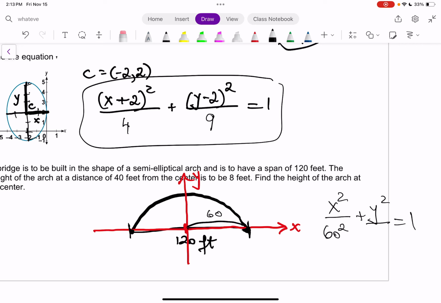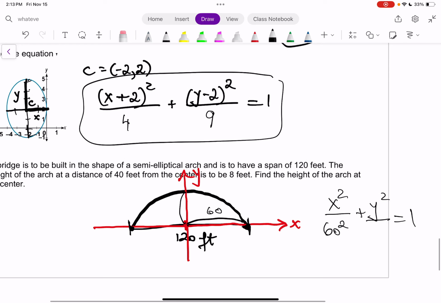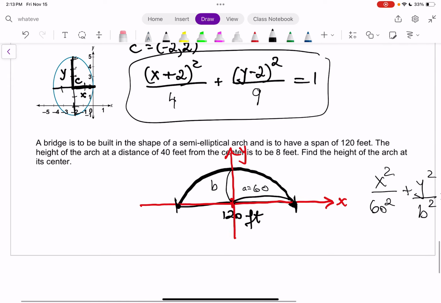And to find the height of this bridge at the center really means to find the B value that's going to go under here. That's really what we need to find. Okay. Now we are given one extra piece of information.